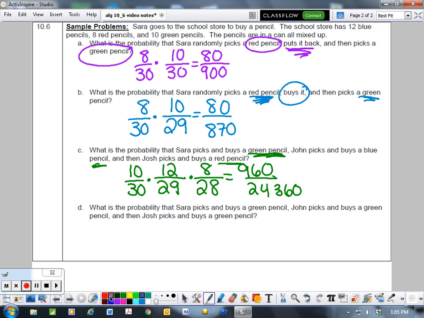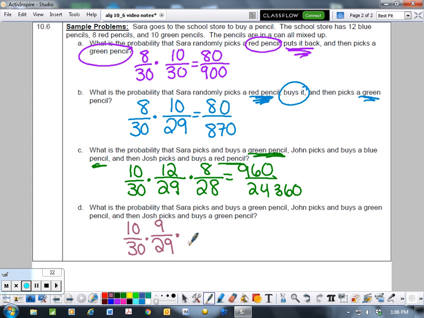And then for our very last problem, what is the probability Sarah picks and buys a green pencil, John picks and buys a green pencil, and then Josh picks and buys a green pencil? So there are 10 green pencils out of 30. Then she picks a green pencil and keeps it. So now we've got 29 pencils. And how many of them are green? Well, since she kept a green one, now we only have 9 green pencils.